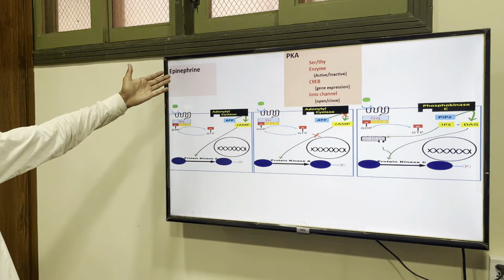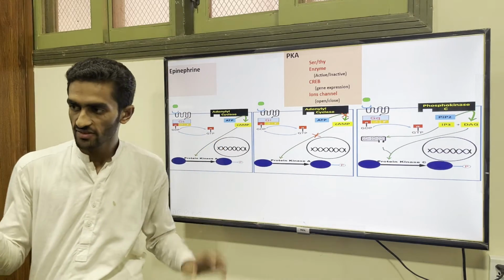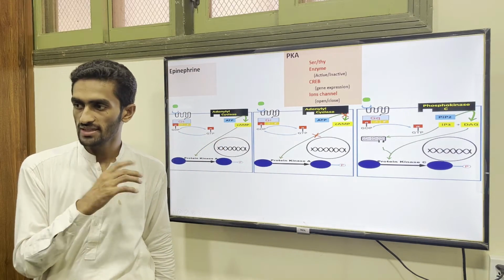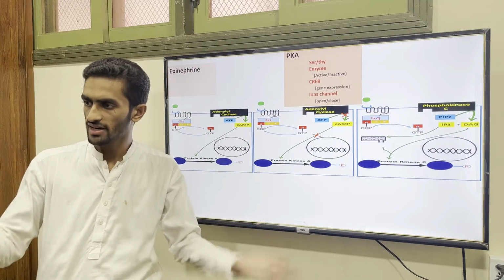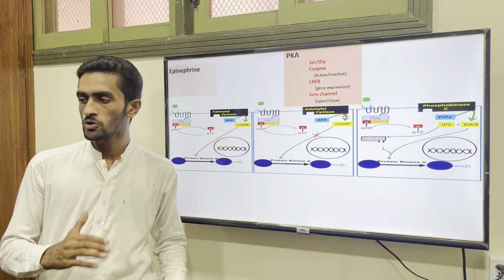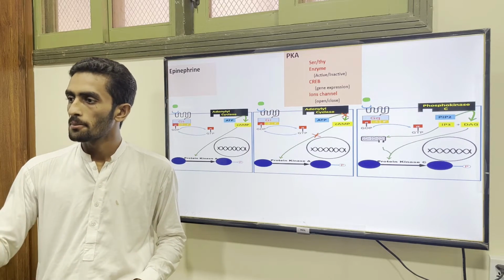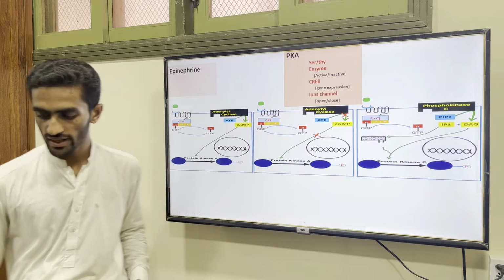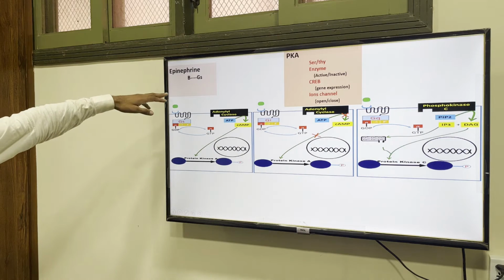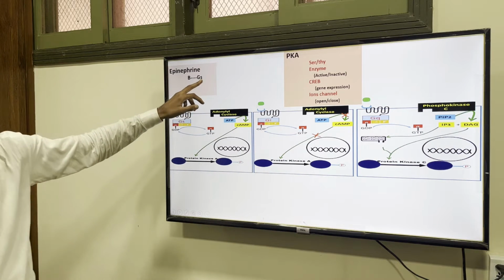Your epinephrine system: these are important points, especially for the Step 1 exam. Consider epinephrine and acetylcholine. Epinephrine is part of the adrenomedullary sympathetic system, and it performs different jobs by using different second messenger systems. For example, if epinephrine attaches with the beta receptor, it stimulates the Gs system.